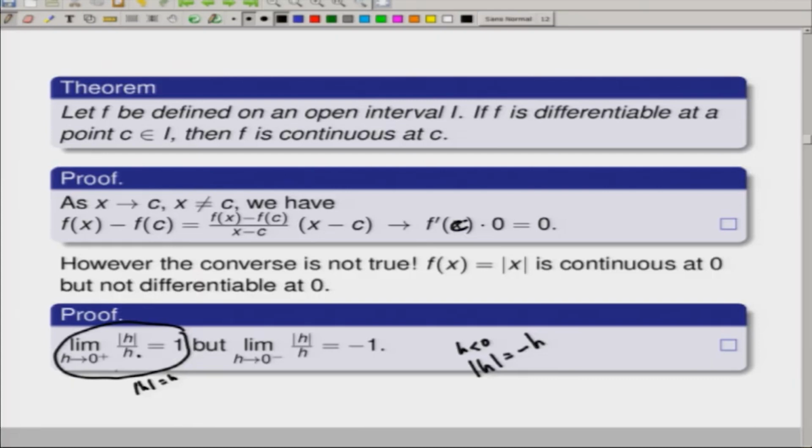Therefore, the left hand limit is not equal to the right hand limit. Therefore, the limit does not exist. Hence, f of x equal to mod x is not differentiable. Okay.